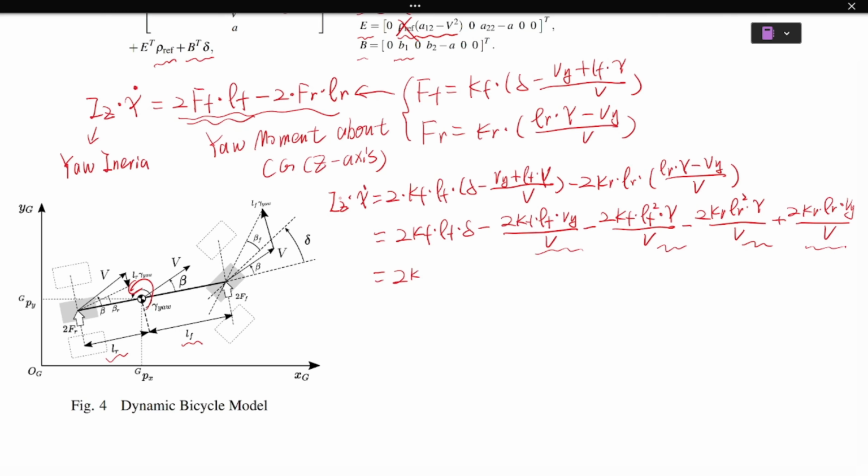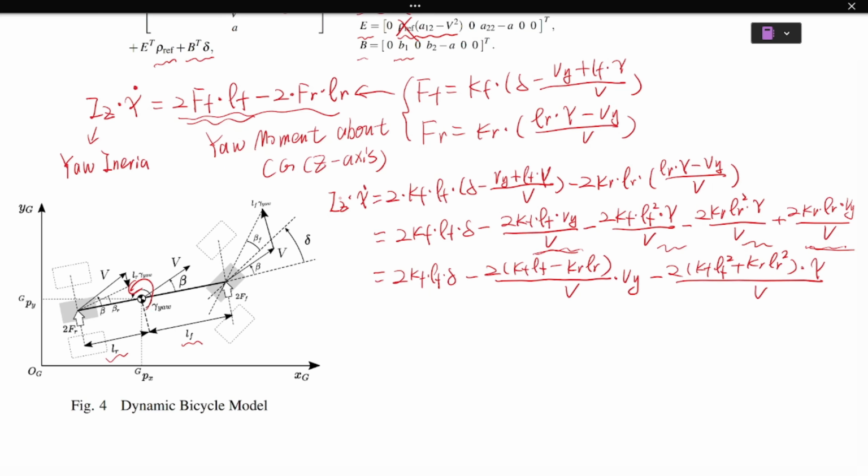So 2Kf Lf times delta minus, the Vy term here goes to 2 times Kf Lf minus Kr Lr over V times Vy, minus 2 Kf Lf square plus Kr Lr square over V times gamma.